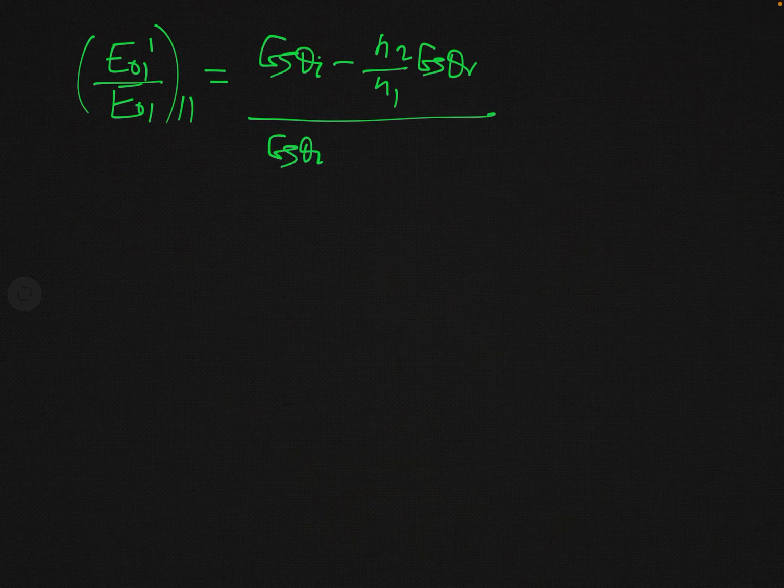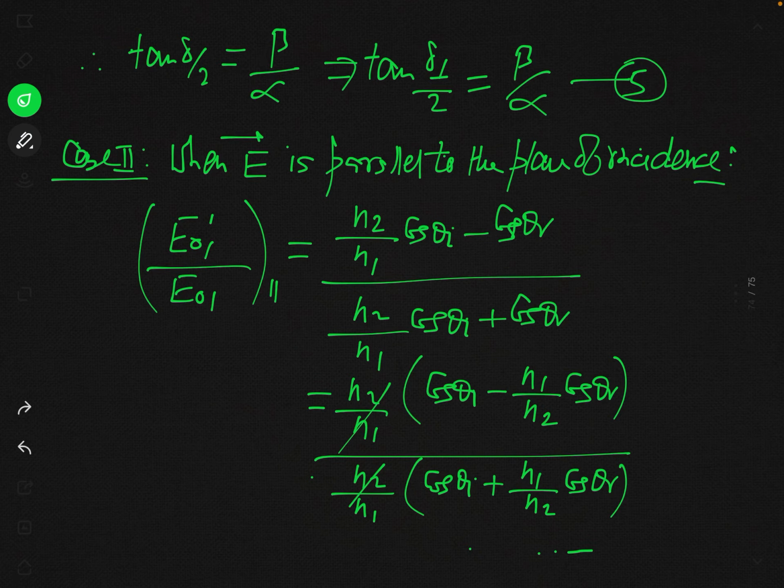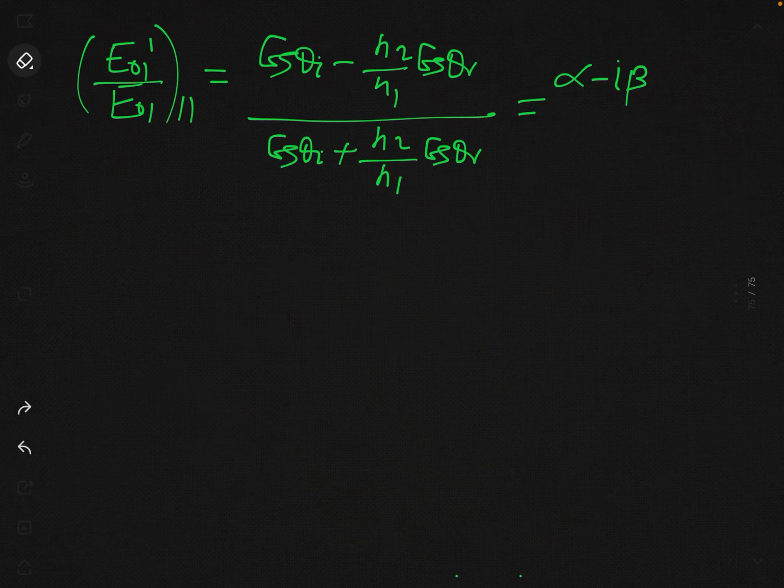This is equal to cos theta I minus N1 over N2 cos theta R over cos theta I plus N1 over N2 cos theta R. Sorry, here there is N1 by N2, not N2 by N1.